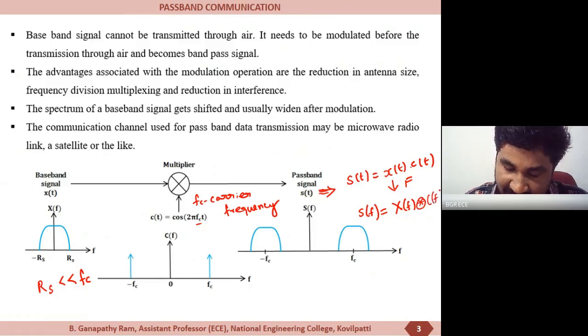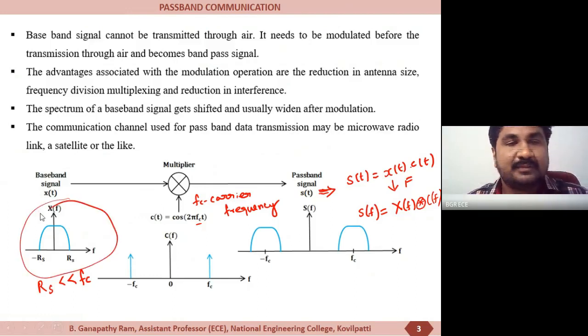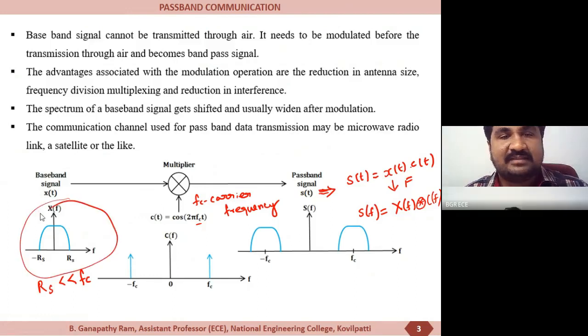Let us assume this as the spectrum of the baseband signal x of t, which is band limited to Rs Hz. And Rs here represents 1 divided by Ts, where Ts is the symbol duration, that is the time taken to transmit one symbol.